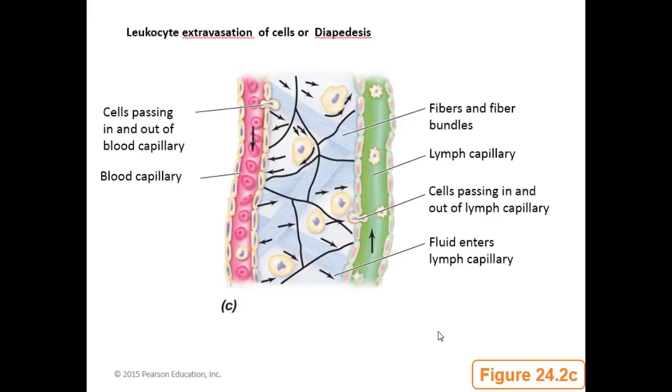This is a picture of extravasation or diapedesis. Here are the red blood cells in the blood system. Here are the lymph cells, and these are stimulated T cells that are passing from one side to the other. The way this happens is that once they're stimulated, the proteins on the outside of the cells change so that they can then stick to the endothelial cells lining the vasculature, which allows them to migrate from one side to the other.